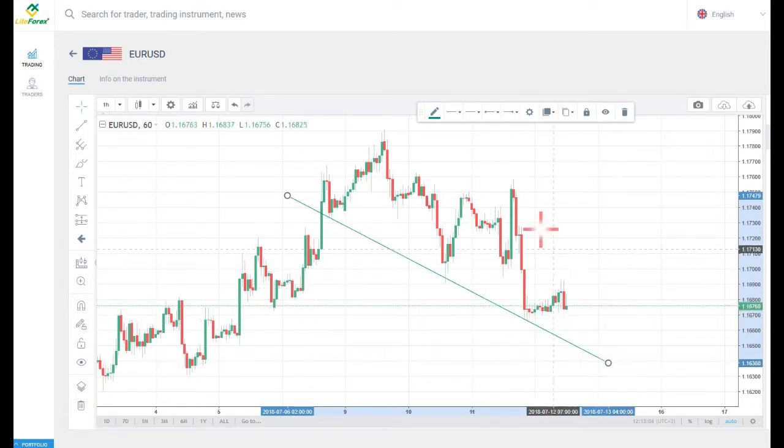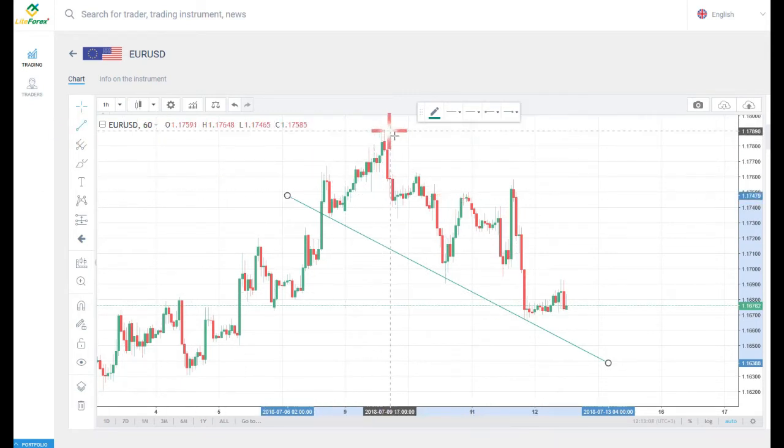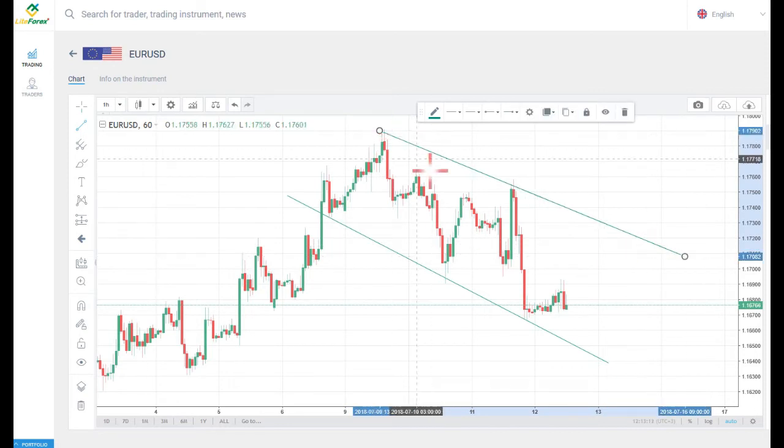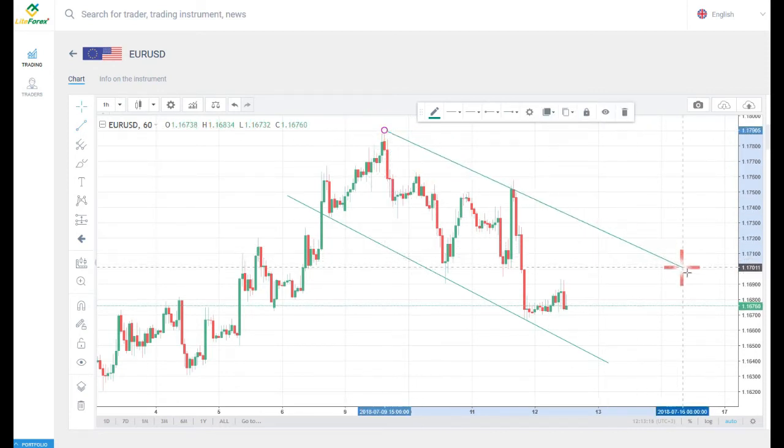So what's happening is that price is inside a channel here. You could illustrate this as a channel. It's not the perfect looking channel. You can see the peaks are not perfectly aligned, but nevertheless price is in between these 2 lines here, okay?